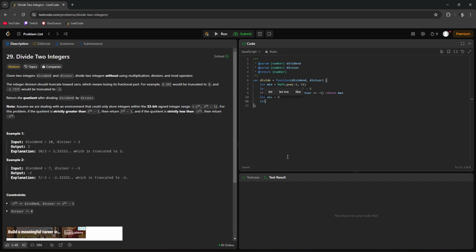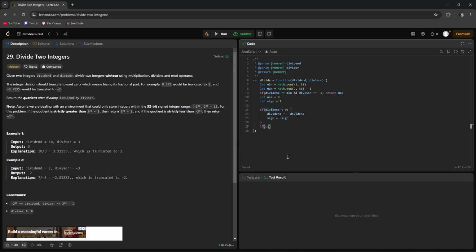Our answer is 0, and our sign. Okay, let's figure out our sign. We should work with positives, so let's figure out the sign at the start. If the dividend is less than 0, then the dividend is going to be negative, and the sign is going to be the minus version.